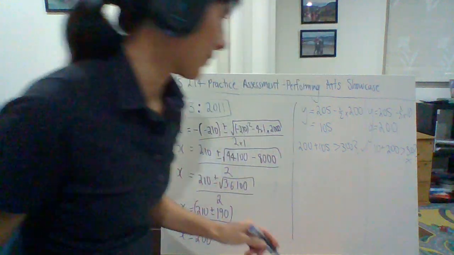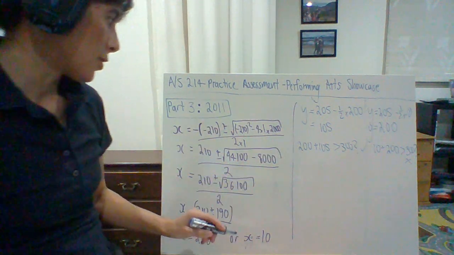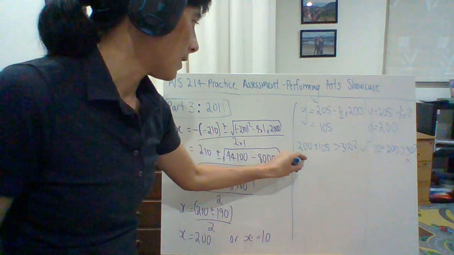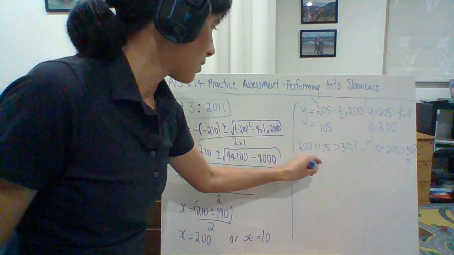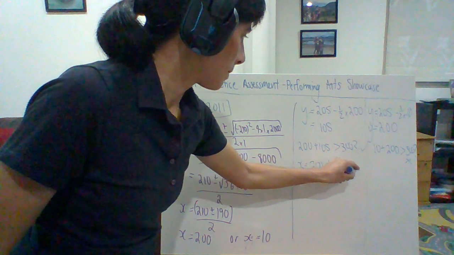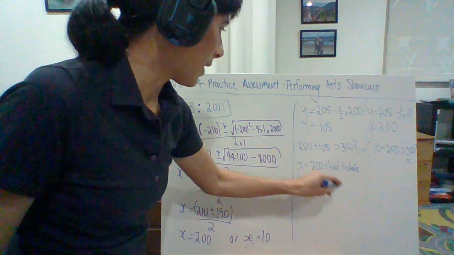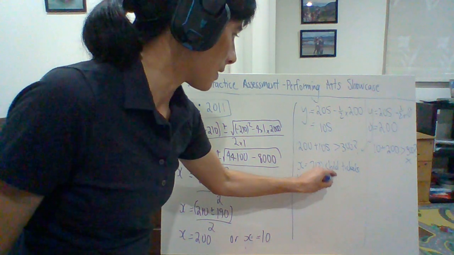No, it's not, because it's only 210. So that means the correct solution is x equals 200 child tickets and y equals 105 adult tickets.